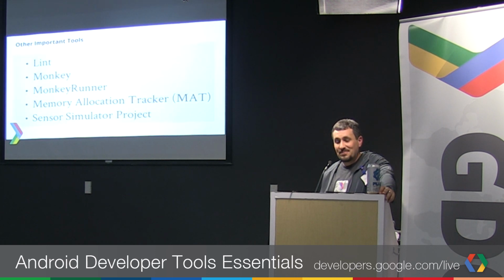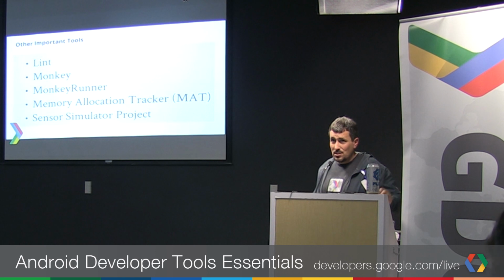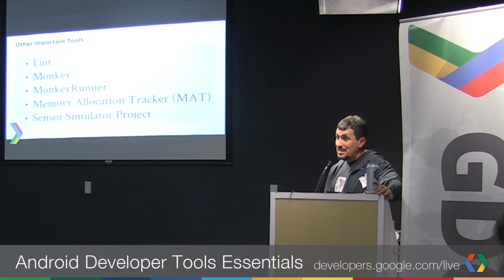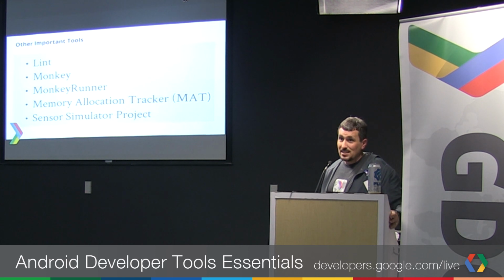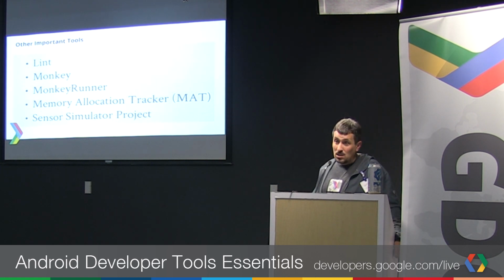Yeah. So real quick, we'll go through these last ones, and then I think we're good to close this out. So Lint is an automated testing tool, basically. In your code, as it's live, it will flag certain things that are either wrong or just bad.